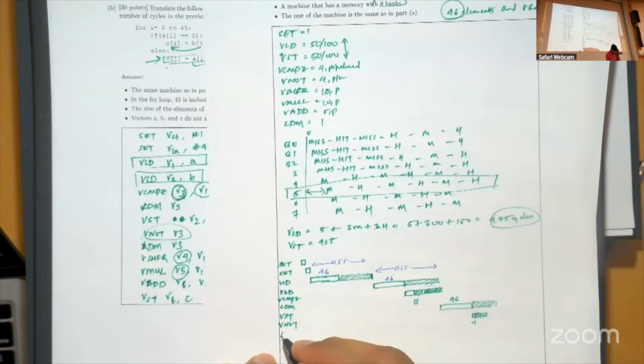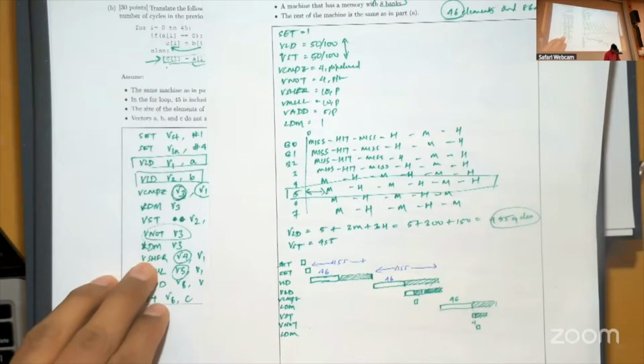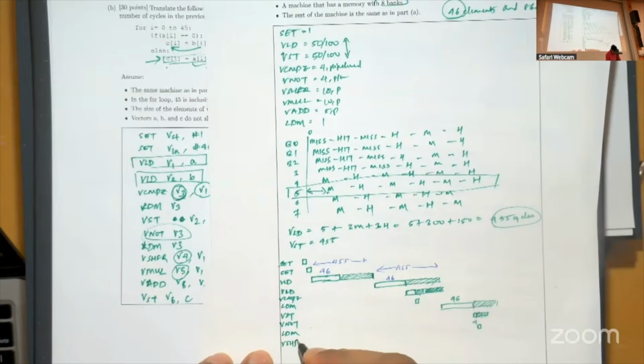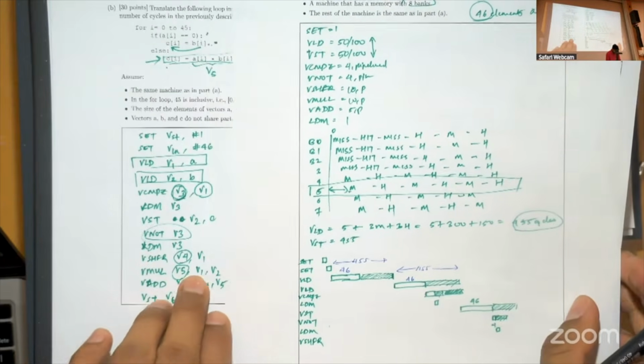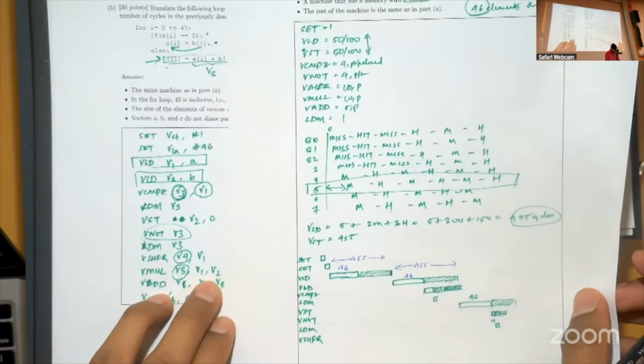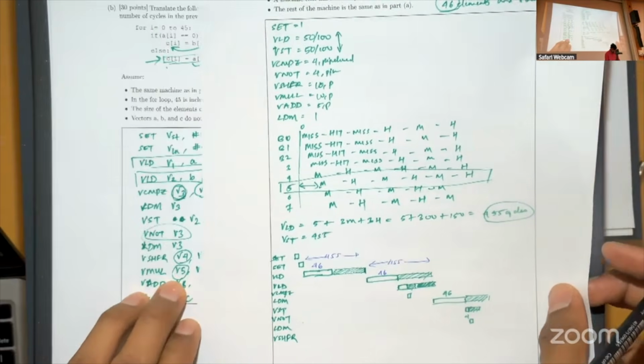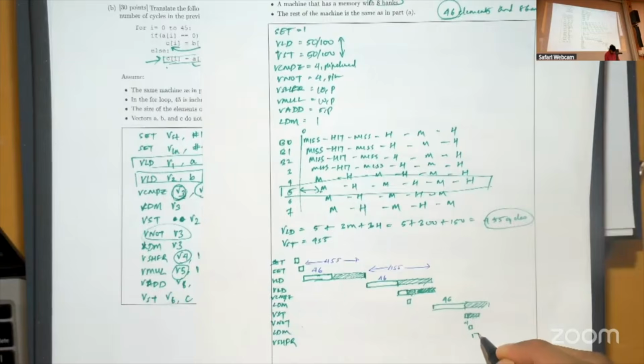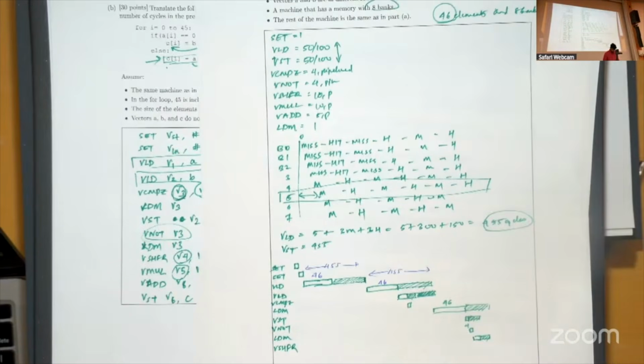Then you have LDM, which again is going to be hidden behind the various latencies. Shift right relies on V1 and V2, both of which are already available, and they store the data in V5. This, again, you can successfully hide behind all the latency of the vStore.